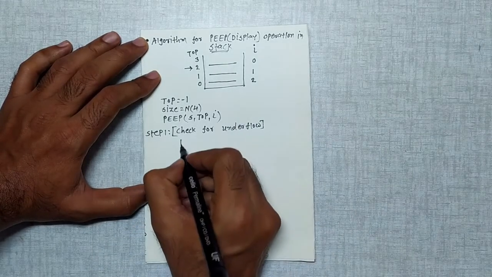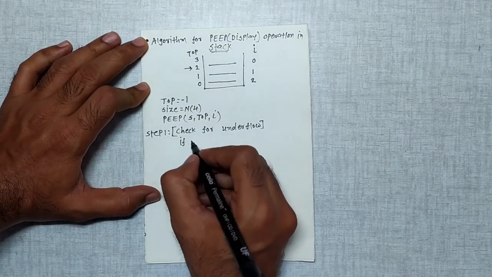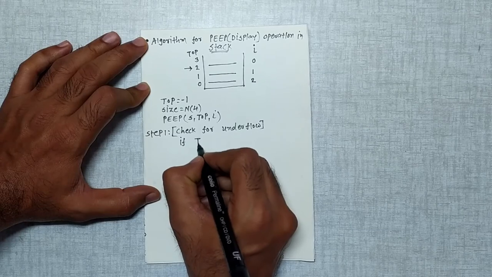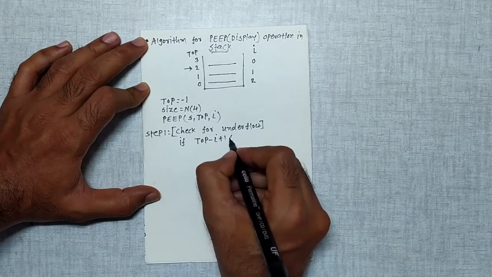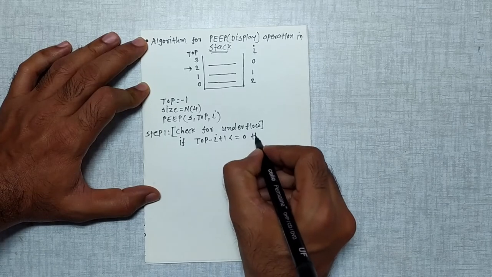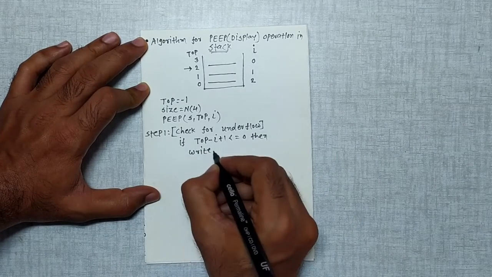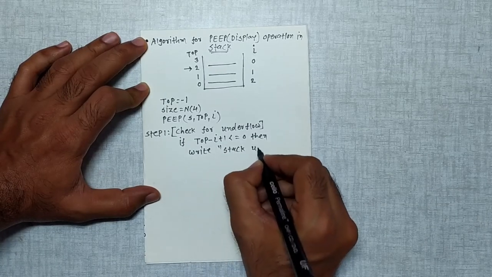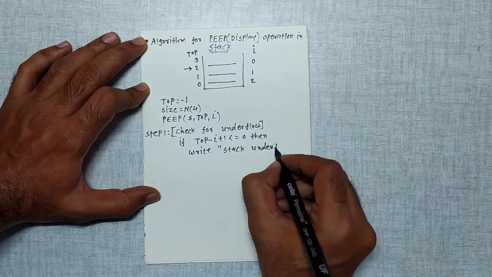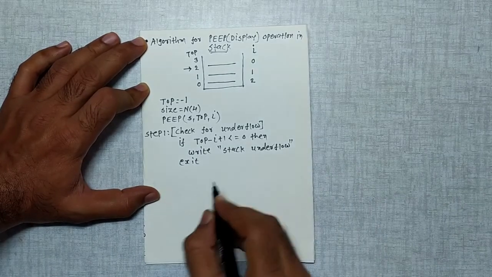For that I am writing the condition, I will explain, let me first write. If top minus i plus 1 is less than or equal to 0, then your stack is underflow. So write stack underflow and exit from the algorithm.